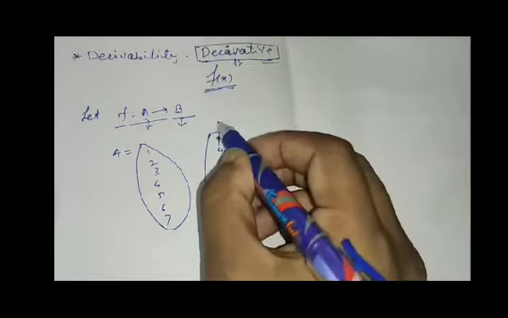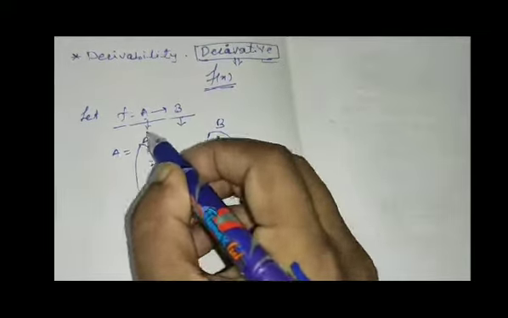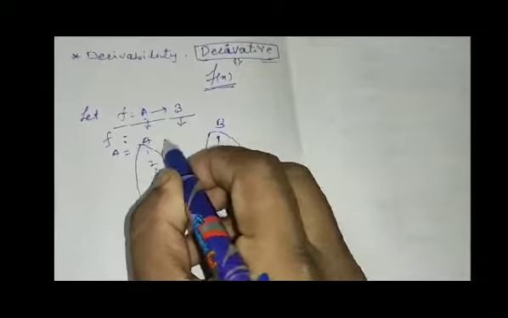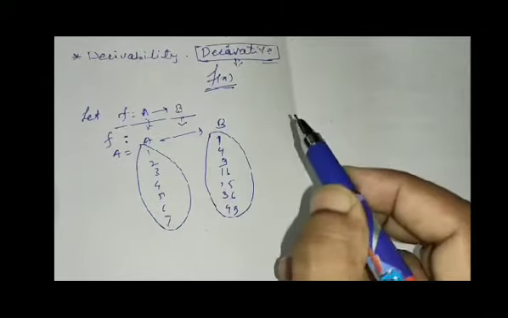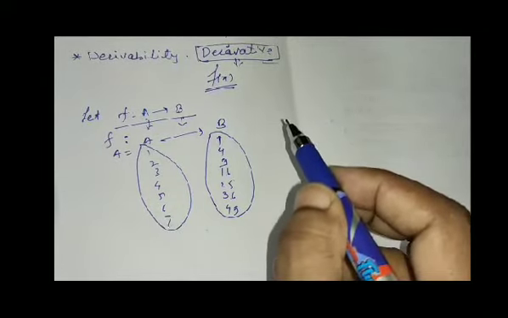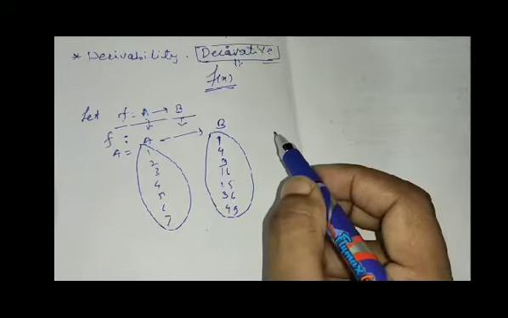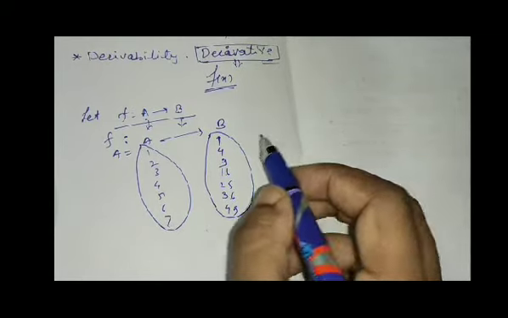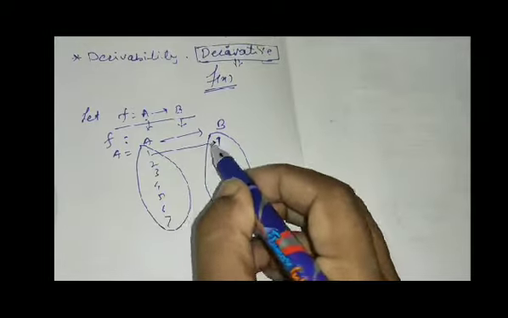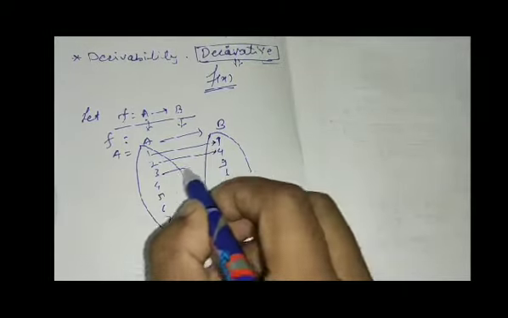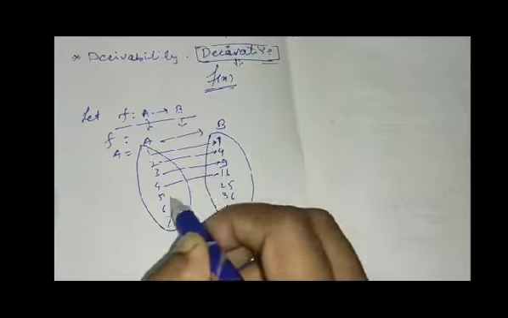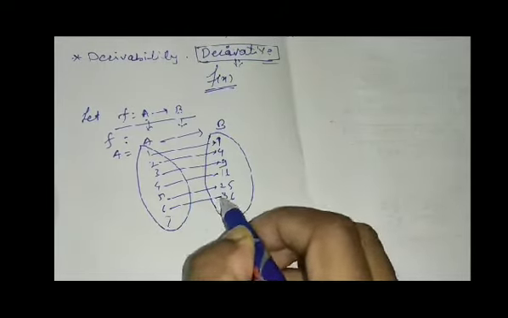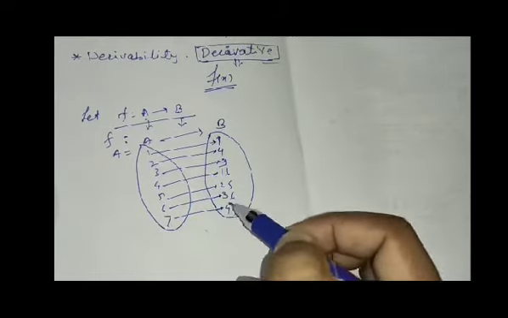So this is set B and this is set A. Now we define the function from A to B. If I associate 1 to 1, 2 to 4, 3 to 9, 4 to 16, 5 to 25, 6 to 36 and 7 to 49.